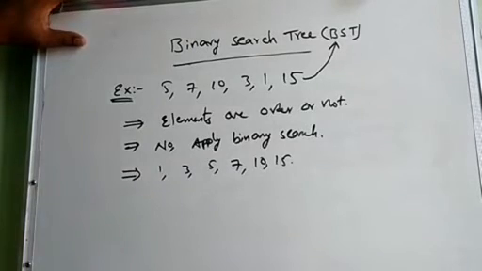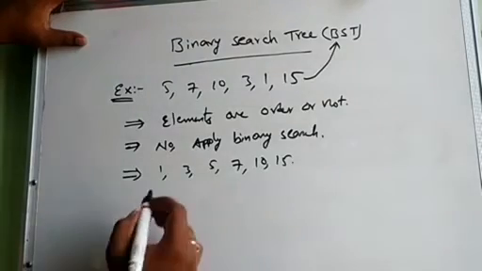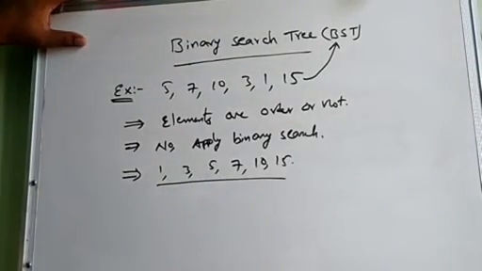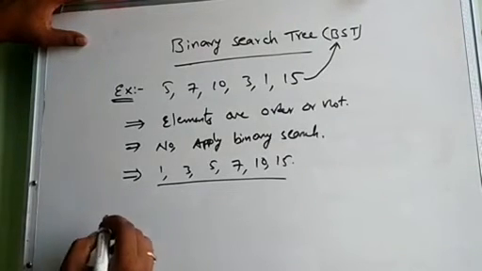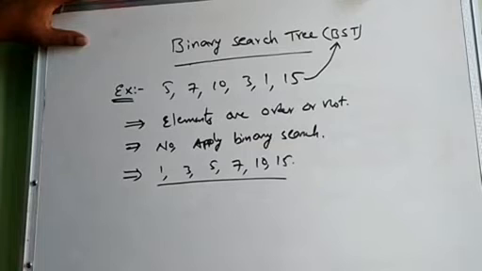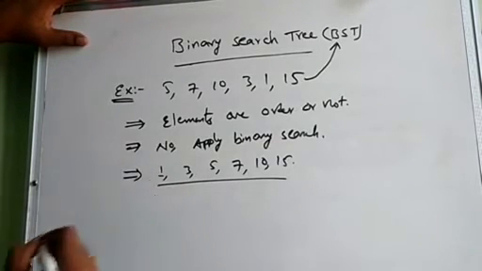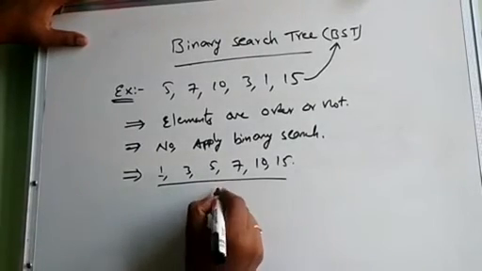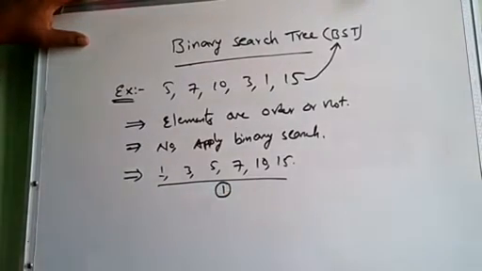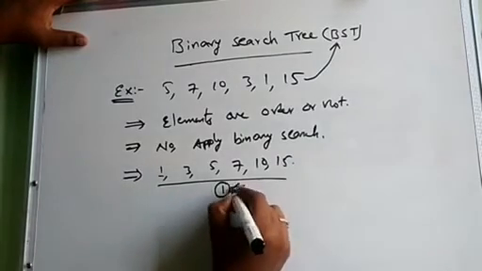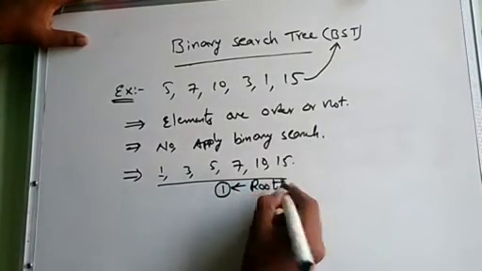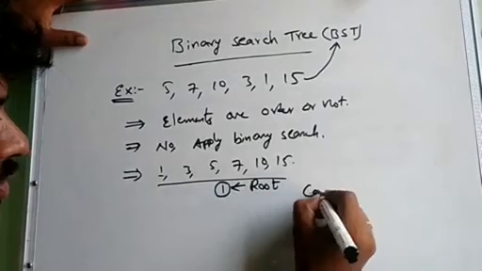So the binary search method is applied successfully, because the elements should be in order. Next, construct a binary tree. The second property is that a binary search tree is a binary tree. How to construct it? Which one is the first node? That will be made the tree root. Here the conditions are very important.